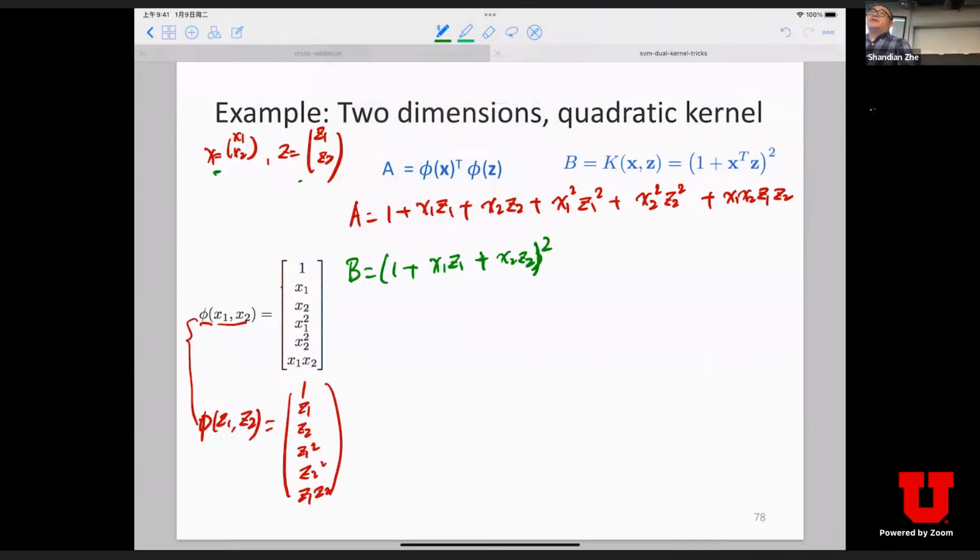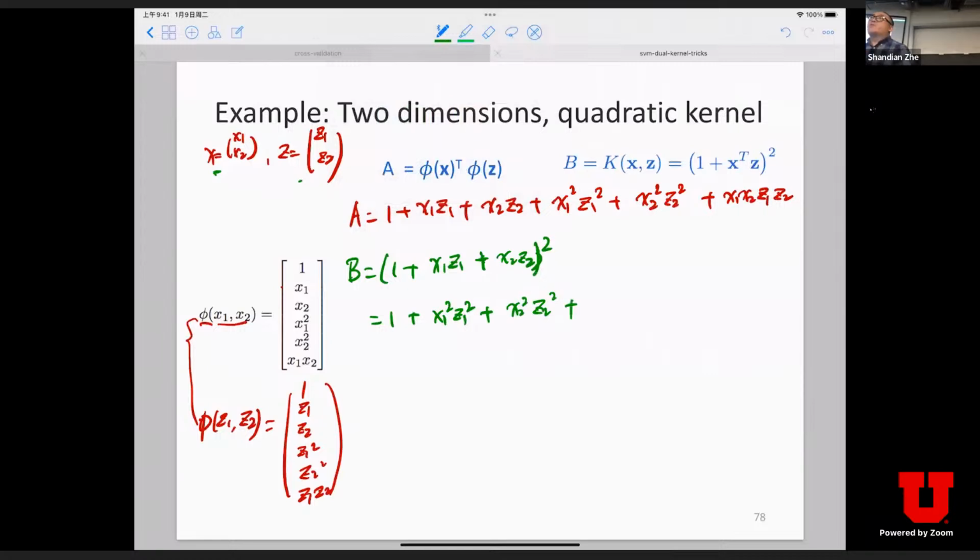Now let's review our middle school math and do the quadratic expansion of this term. What you need to do is take the square of the individual terms and then add the cross terms multiplied by 2. The square of the individual terms will be 1 squared, which is 1, and (x1 z1) squared, which is x1 squared z1 squared, and (x2 z2) squared, which is x2 squared z2 squared.